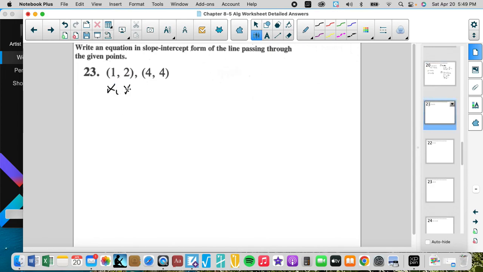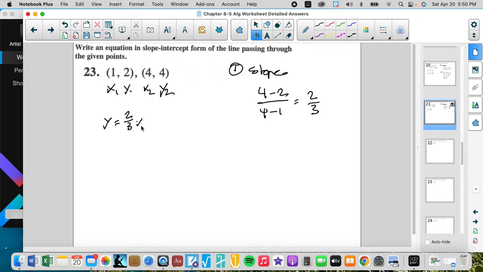X sub 1, y sub 1, x sub 2, y sub 2. The slope is y sub 2 minus y sub 1 over x sub 2 minus x sub 1. 2/3 is my slope. Y equals 2/3 x plus b. Let's pick a point, or still pick 1, 2.